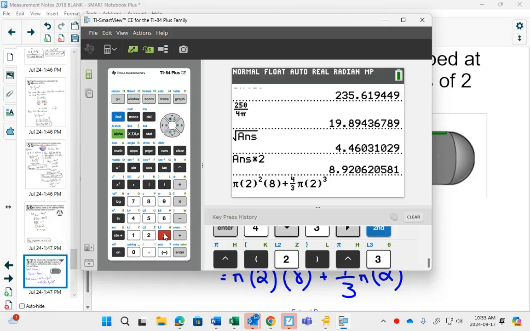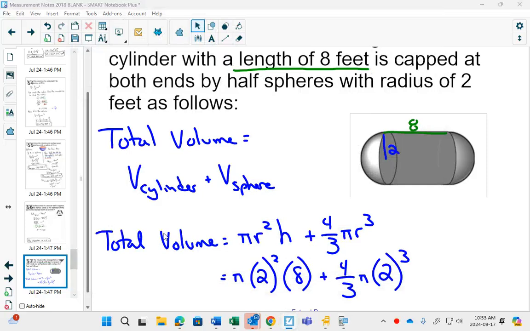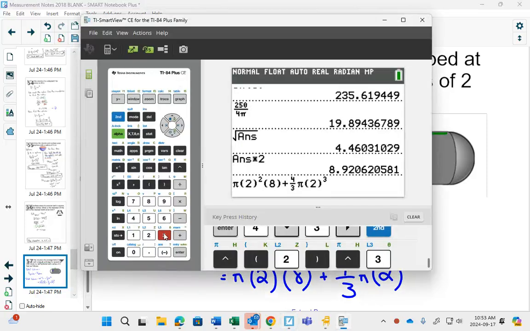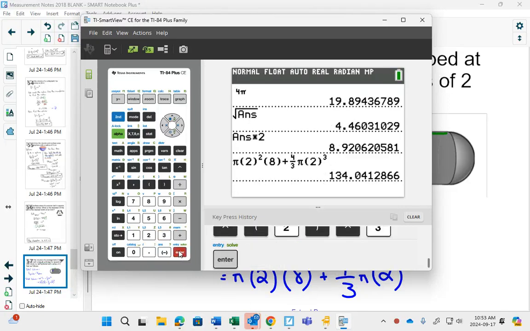So I wrote in exactly what I saw here into my calculator. I just have to push enter once. 134.041.